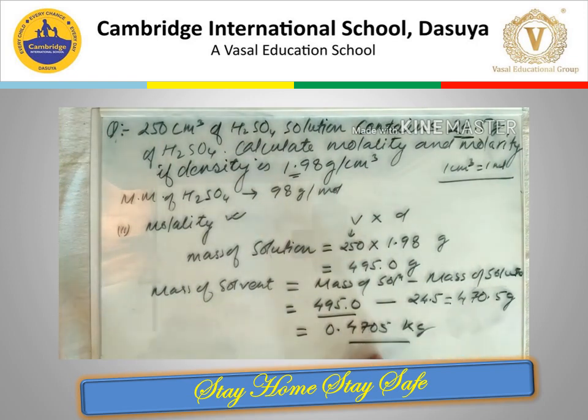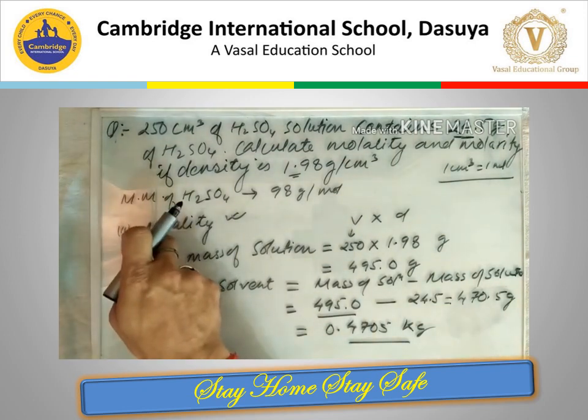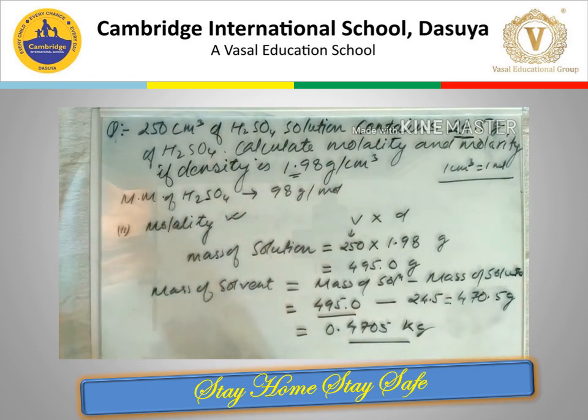Now we will use this in the formula of molality and get the answer. So molality, m, equals the number of moles. We have already found out the number of moles was 0.25 and the mass of solvent here is 0.4705.